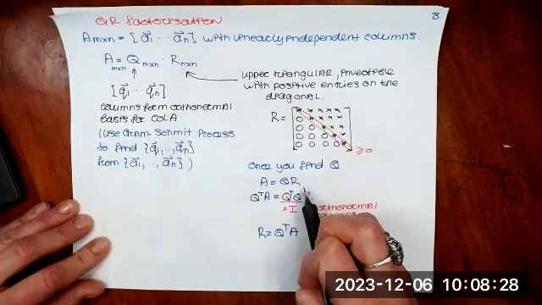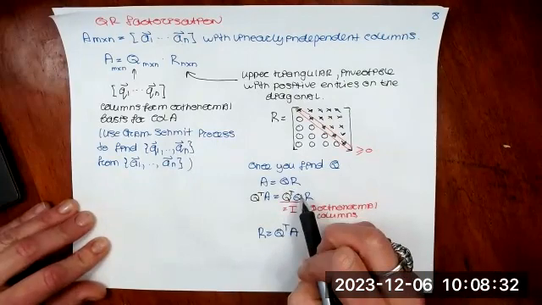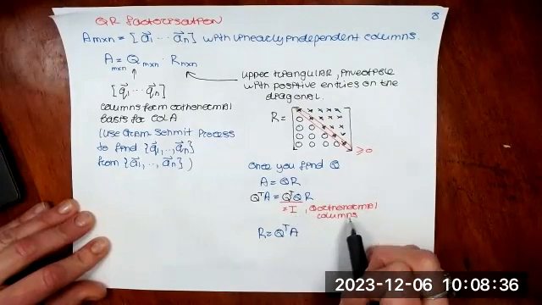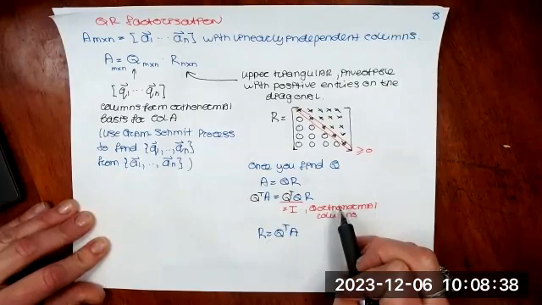And then you also know that if Q has orthonormal columns, then Q transpose times Q is the identity matrix, right? Because Q has orthonormal columns.